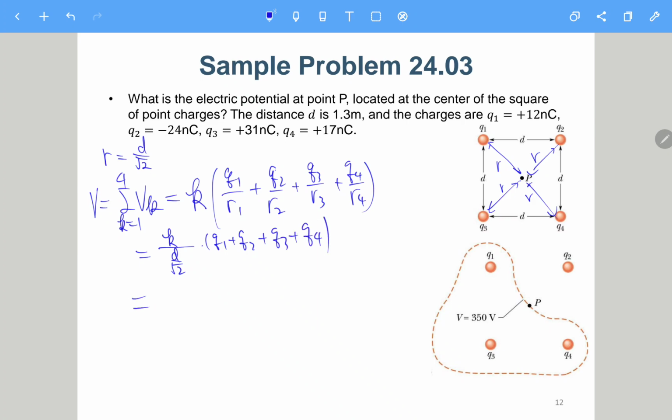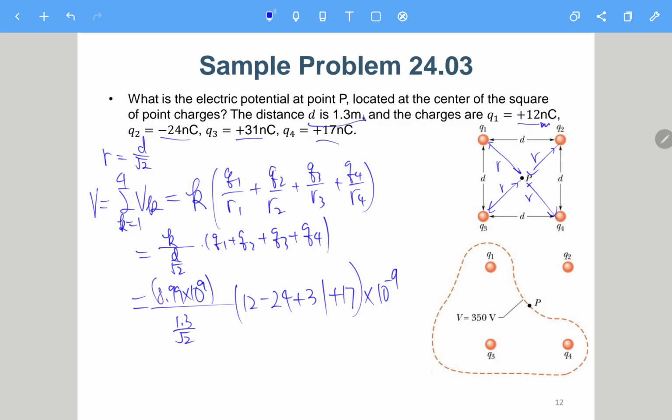Then we can just plug in the numbers. k is 8.99 times 10 to the 9th power, d is 1.3 meters, so 1.3 over square root of 2, and q1, q2, q3, q4 are plus 12, negative 24, plus 31, plus 17, so 12 minus 24 plus 31 plus 17, times nano, 10 to the negative 9.